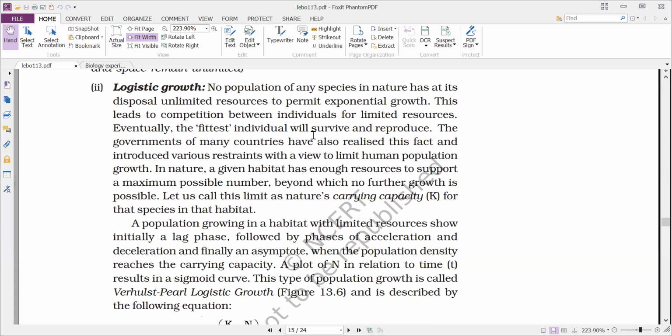That means exponential growth usually does not occur in nature. No population of any species in nature has at its disposal unlimited resources. That means no organism will be provided with unlimited resources.